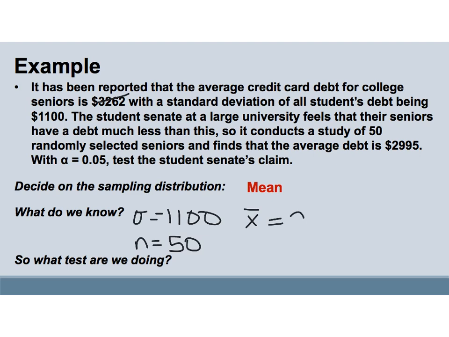Since it's from the sample that the student senate does, that would be x bar, and then I know that alpha equals 0.05. Well, if this is indeed sigma, you have a mean, you have sigma, then you know you're doing a z-test.